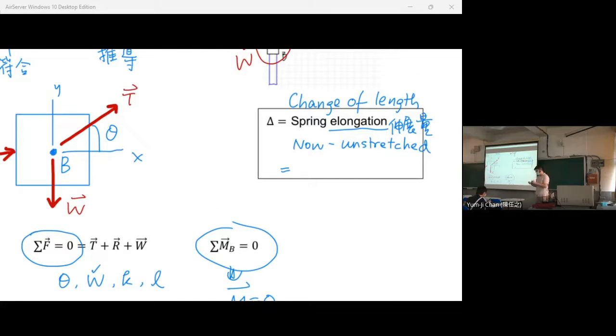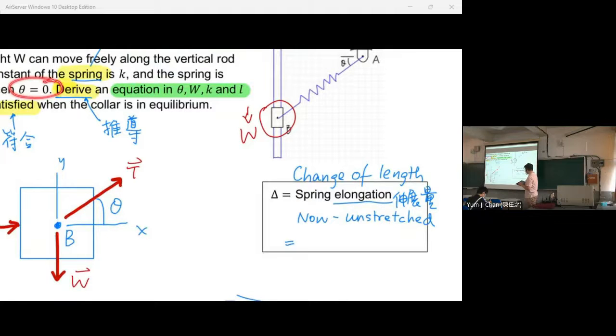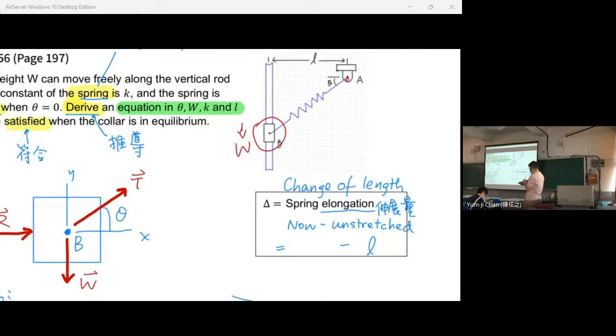What's the unstretched length of the spring? It says theta is equal to 0 when it is unstretched. So originally the length of the spring is L. How about now? How do we say the length now? This one is L, and then this one is theta.